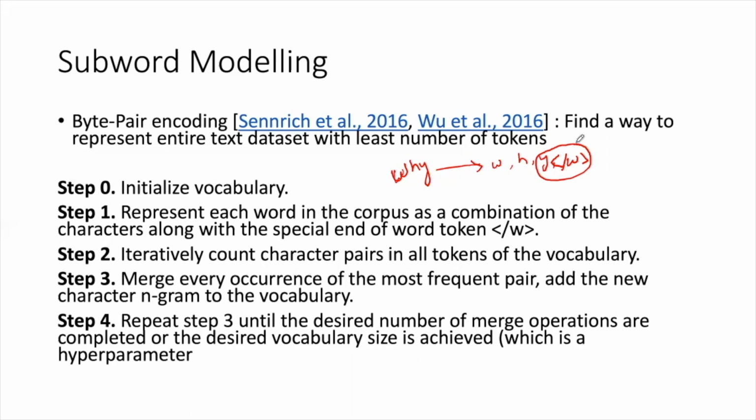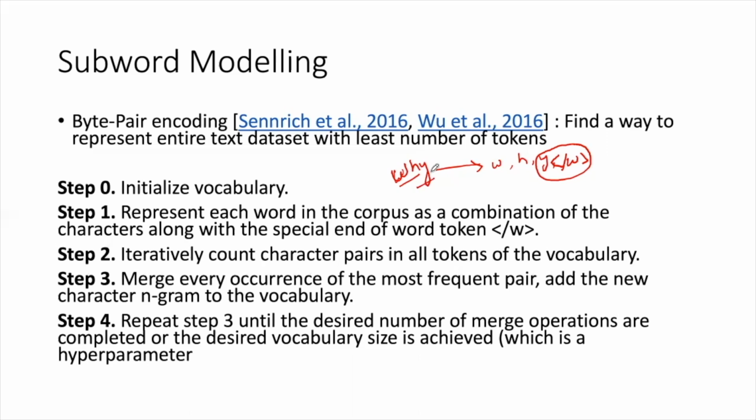Once we do this, we count the number of character pairs that have come in. Here, for why, there are different pairs: wh can be treated as one pair and hy can be treated as another pair.